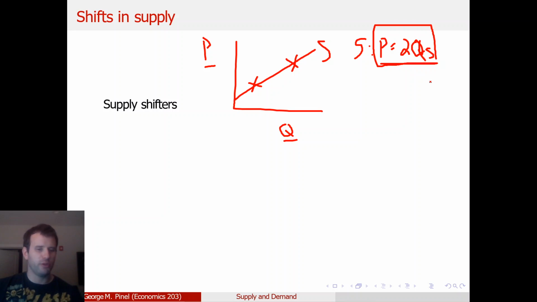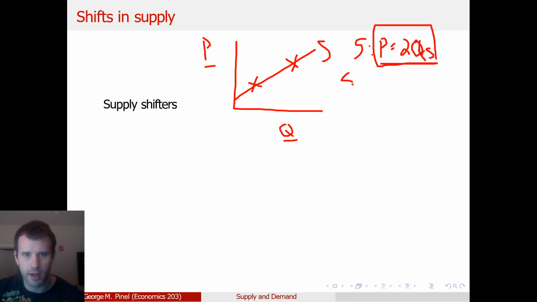But when you have a supply shifter, that will move the graph. What you're saying is that for all of the prices, your quantities are now either higher or lower, depending on the direction of the shift. So you're changing the underlying function.